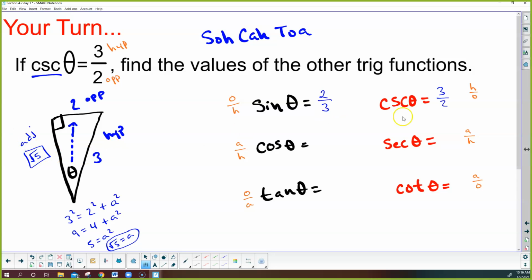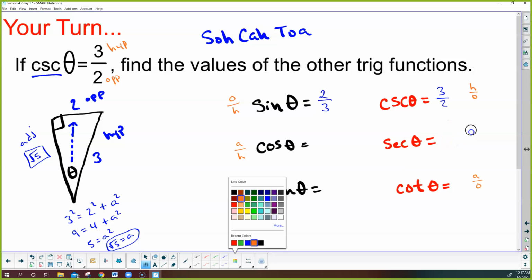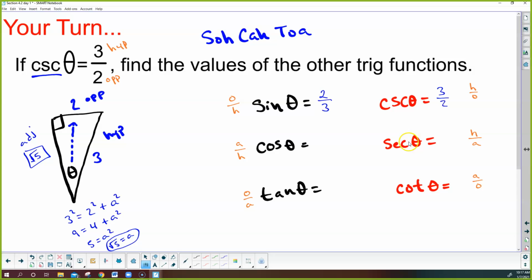And now that I know the adjacent, oops, I wrote this one wrong. So secant is hypotenuse over adjacent.